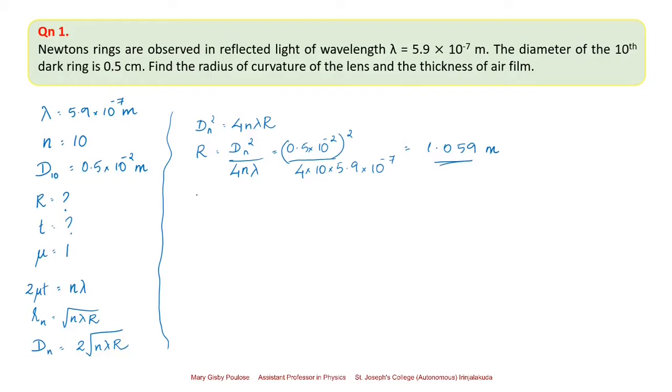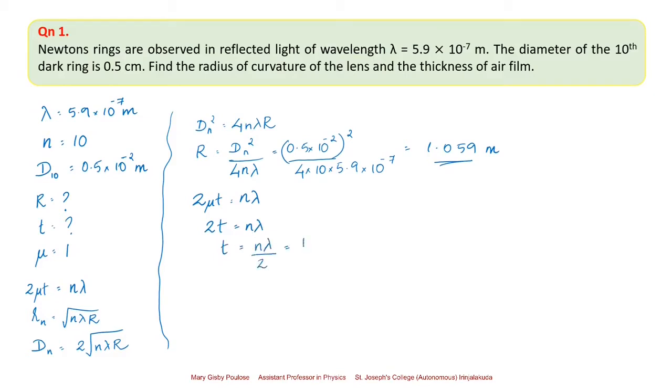Now, to find the thickness of the air film, we use the condition for destructive interference, 2 mu t is equal to n lambda. Here the refractive index mu is equal to 1. Hence, the equation becomes 2t is equal to n lambda, and the thickness of the air film t can be written as n lambda divided by 2.